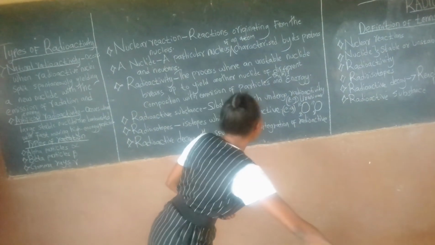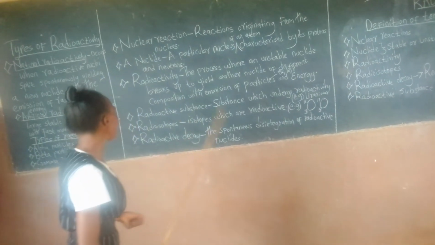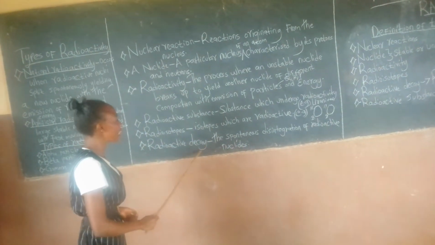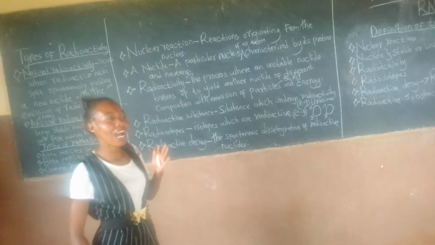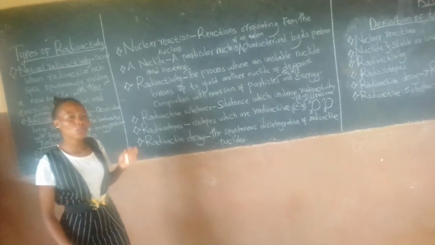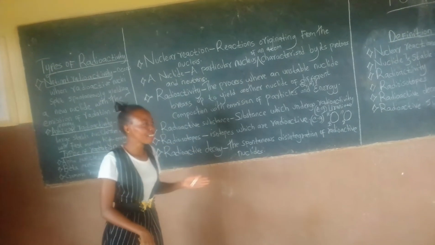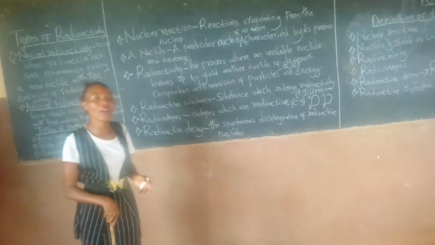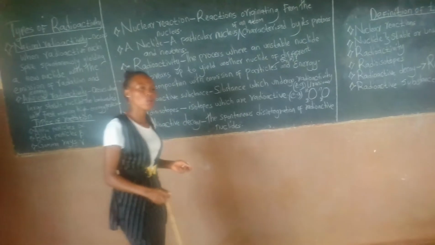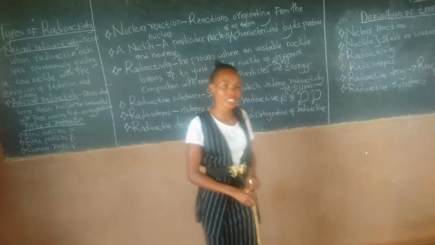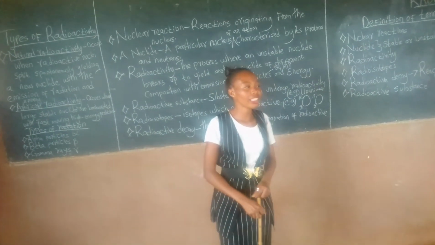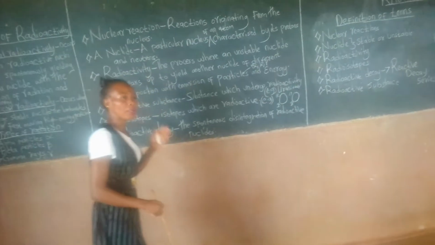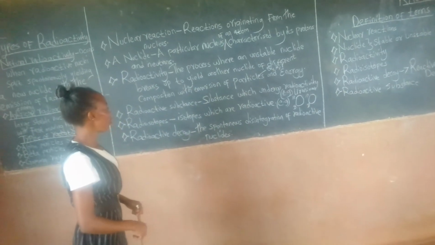Now, our last term that you are going to see is radioactive decay, and we are also going to see the radioactive decay series. We shall have an example of thorium, which is unstable, and it is going to decay in a sequential and continuous process until we get a stable nucleus, which will be lead metal.